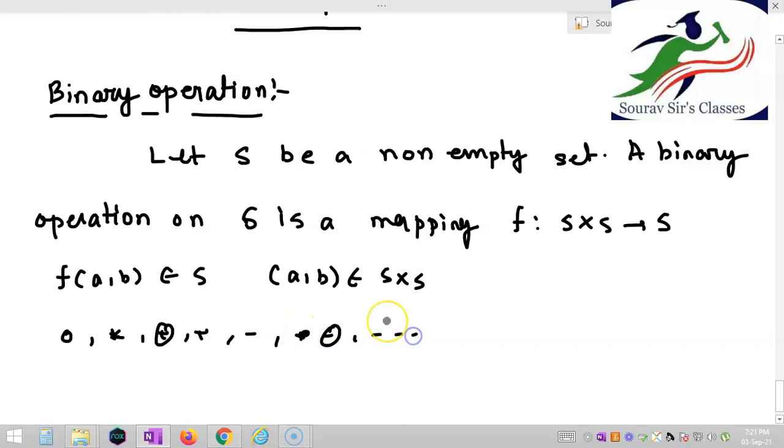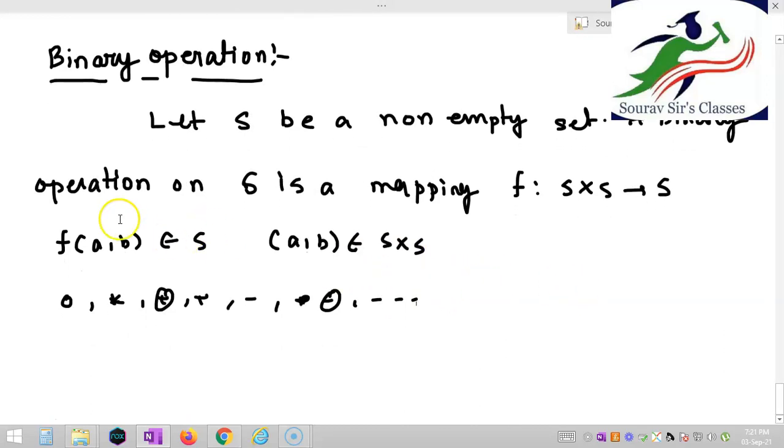It has lots of notation. But a binary operation means it is taking a pair of elements A comma B to an element of S. So a binary operation means it is taking an element from S cross S to S.